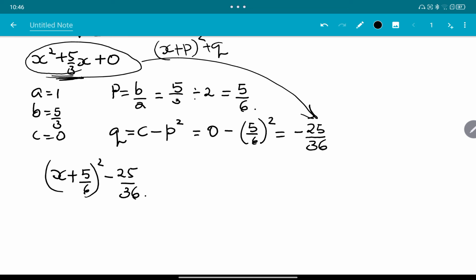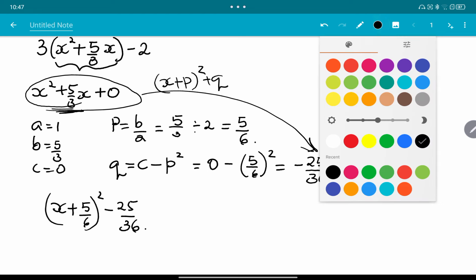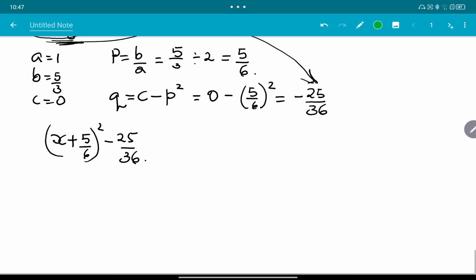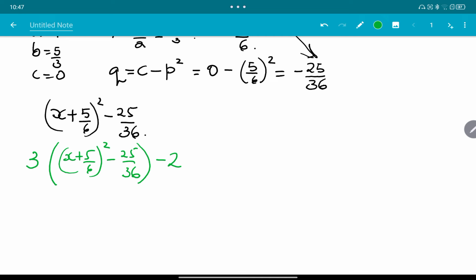Okay, but this was just the center part. This was this part here. It means the 3 and negative 2 need to be brought back. So this is the same as writing 3 into x plus 5 over 6 squared minus 25 over 36, minus 2. Okay, so I need to open this bracket with the 3.